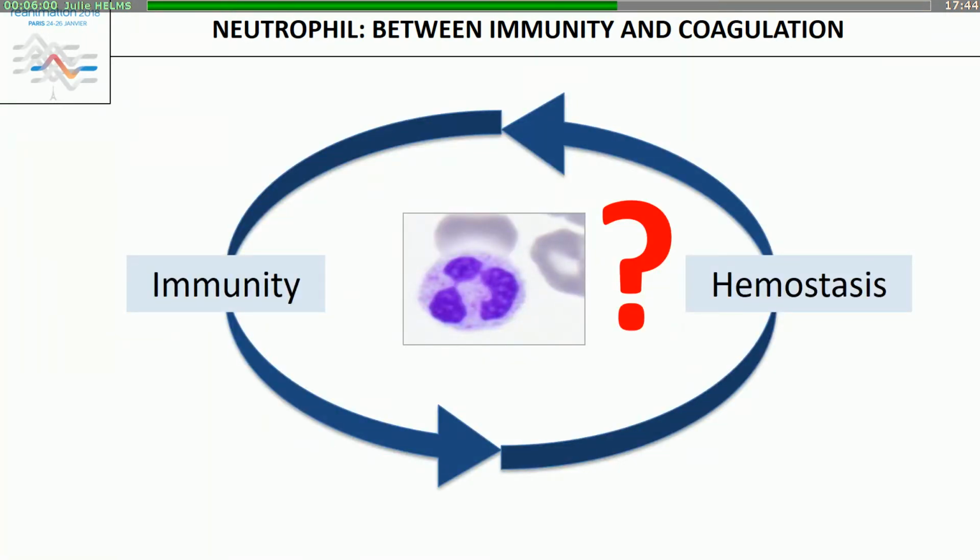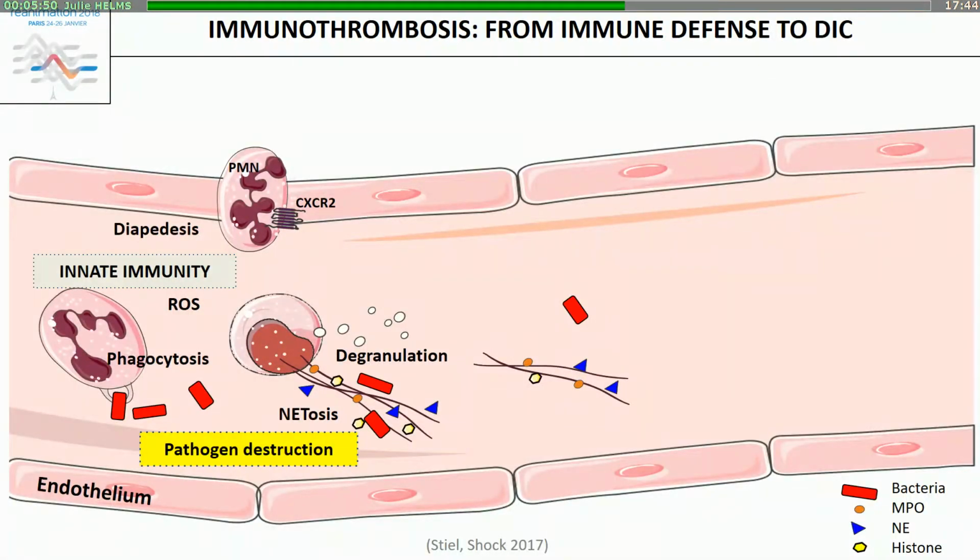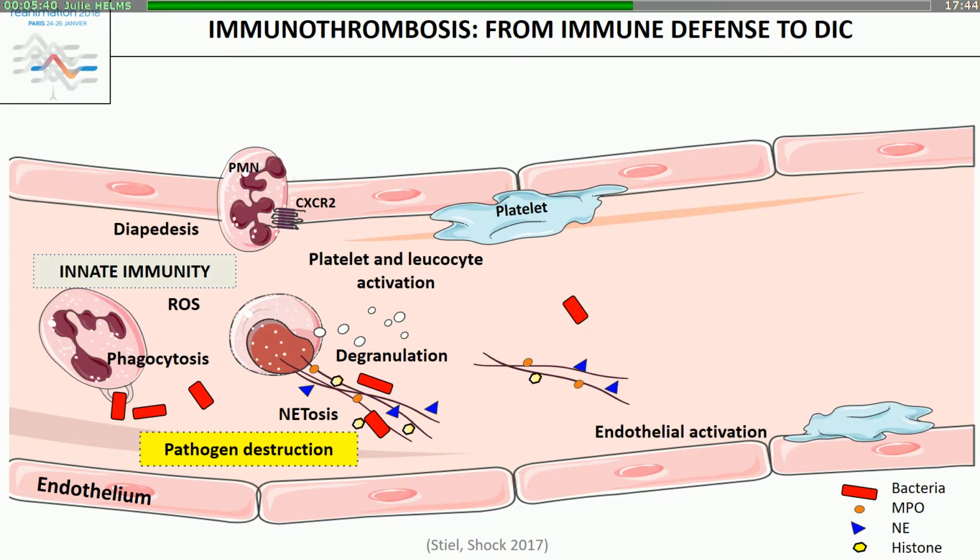So neutrophils thus stand at the interface between immunity and hemostasis, which is called immunothrombosis. Immunothrombosis refers to an innate immune process that will be responsible for vascular cell activation, including leukocyte, platelet, and endothelial activation.